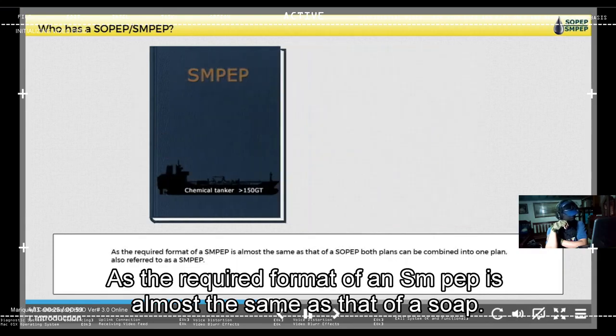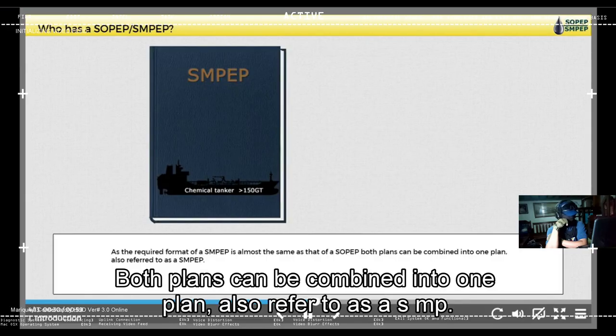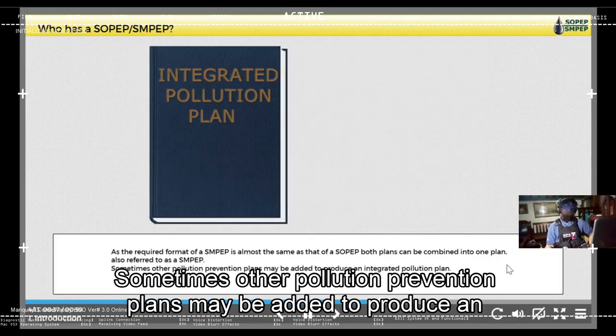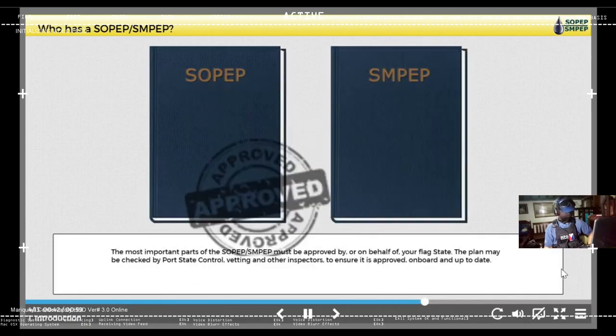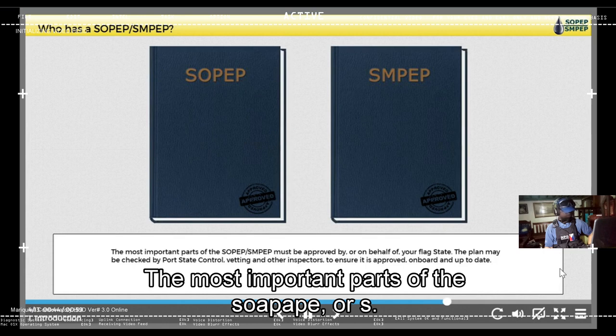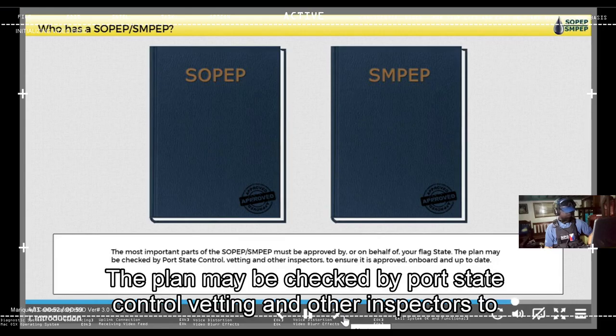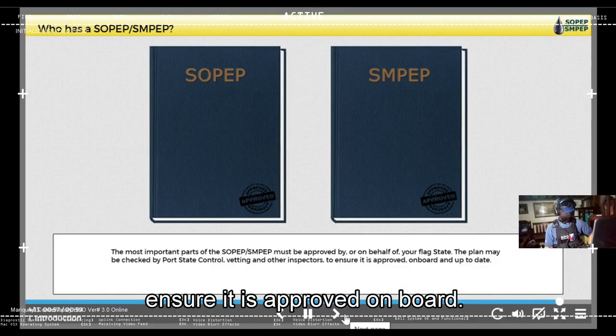As the required format of an SMPEP is almost the same as that of a SOPEP, both plans can be combined into one plan, also referred to as a SMPEP. Sometimes other pollution prevention plans may be added to produce an integrated pollution plan. The most important parts of the SOPEP or SMPEP must be approved by or on behalf of your flag state. The plan may be checked by port state control, vetting and other inspectors to ensure it is approved, on board and up to date.